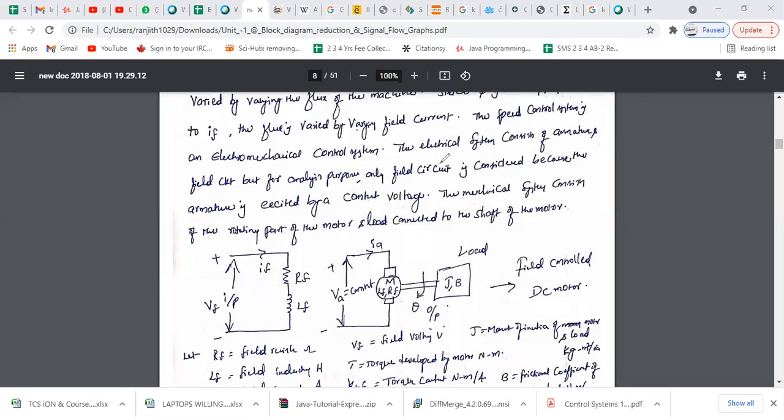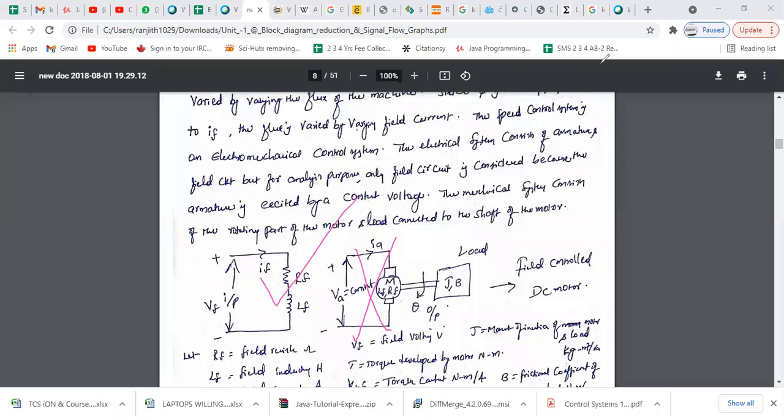So the electrical system has the armature as well as the field circuit, but for the analysis we are considering only the field circuit. In the previous topic, armature control DC motor, we considered only the armature part and neglected the field part. But in the field control DC motor, we are not considering the armature part; we are considering only the field part.